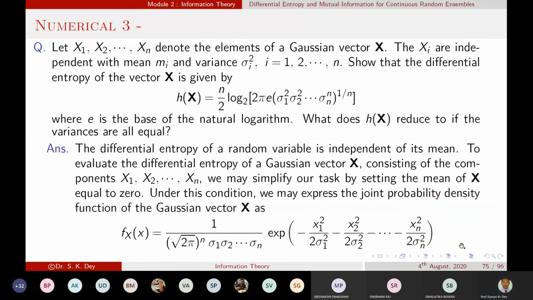So you have to remember the probability density function for special types of functions, like your Gaussian distribution, then uniform distribution. You have to remember those functions. Is that clear?